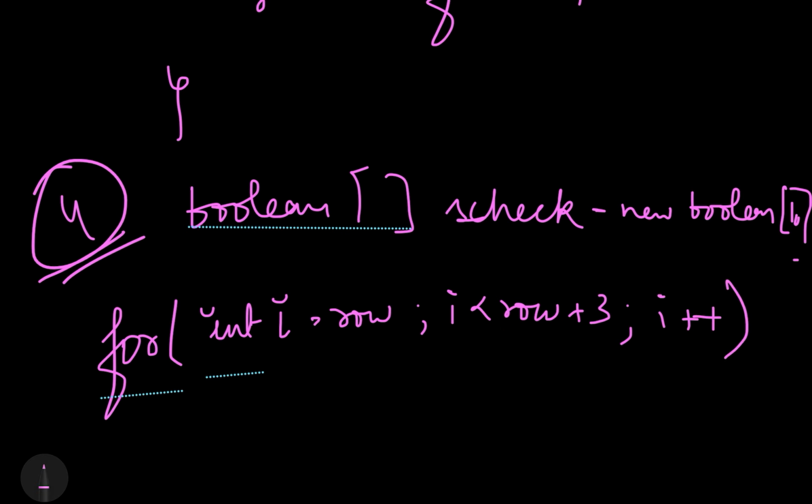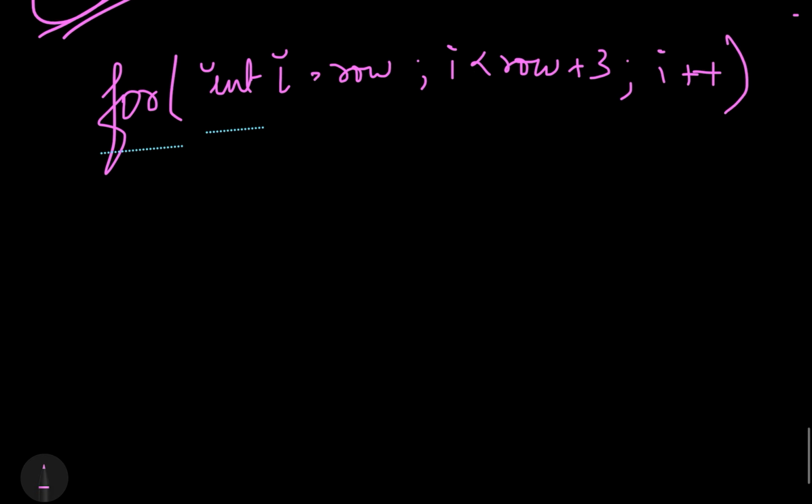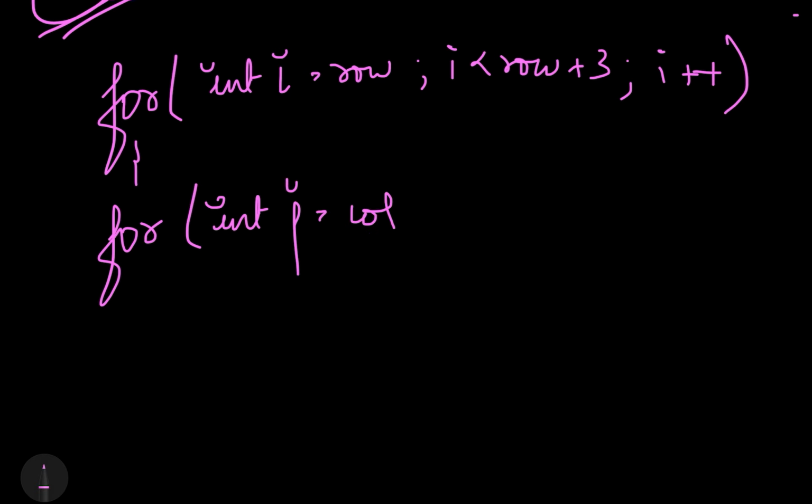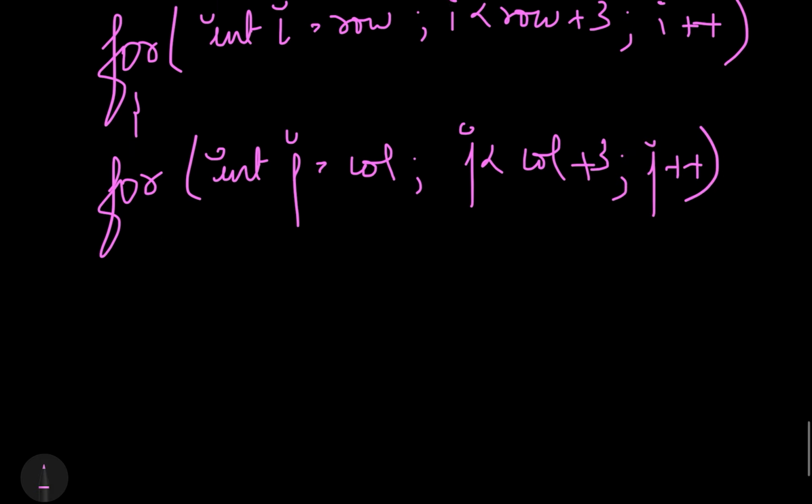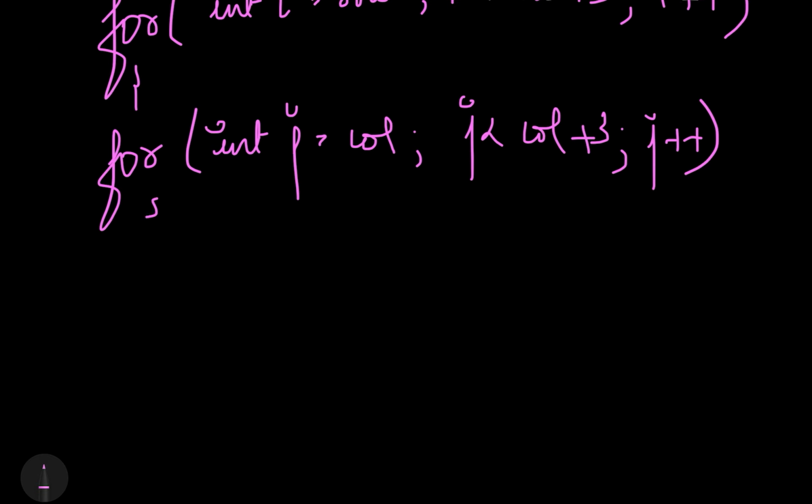It will loop through all the three rows of the subgrid. Then we'll take our sub loop, starting from j equal to column, going till column plus 3, j plus plus. This loop will go through all three columns of the subgrid.